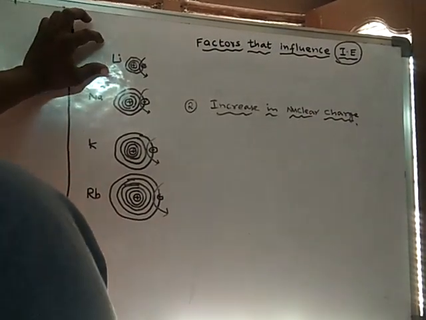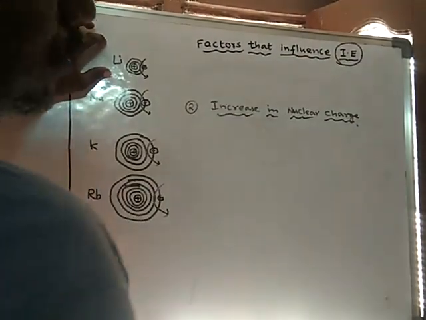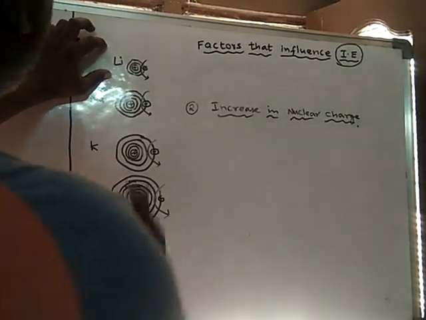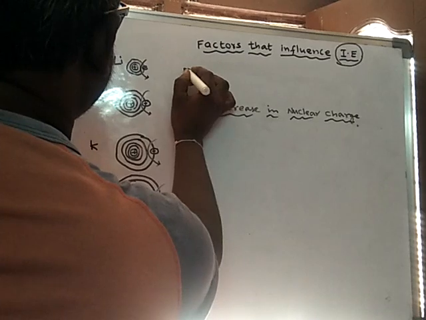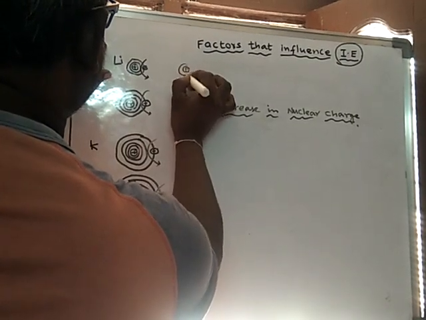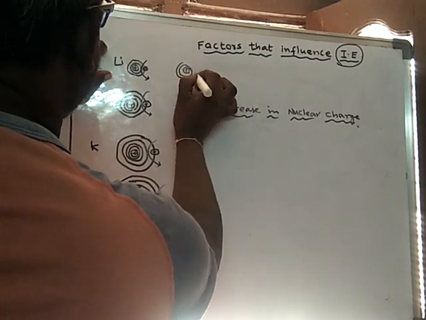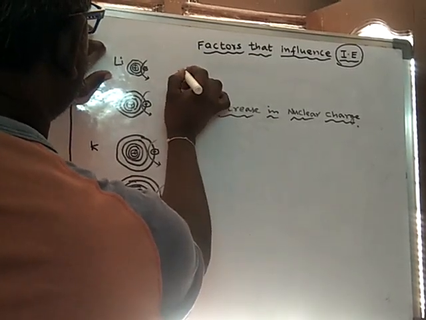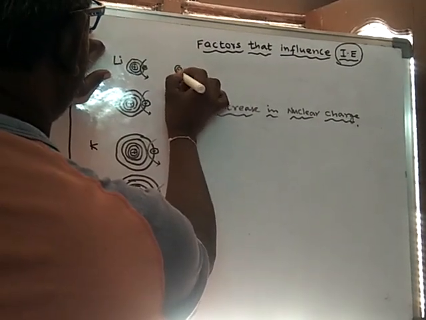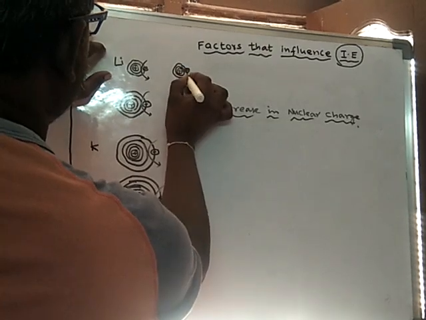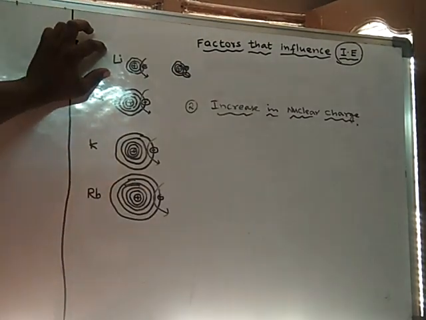For example, let us take elements belonging to the second period. What are the elements belonging to the second period? Lithium, beryllium. In beryllium there are 2 electrons in the outermost orbit.